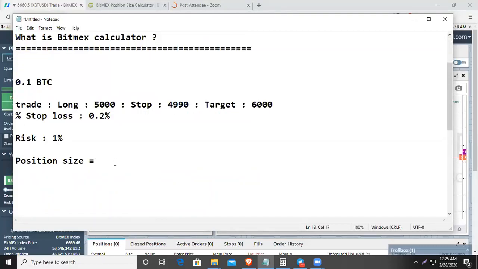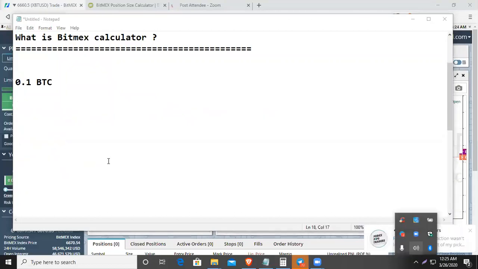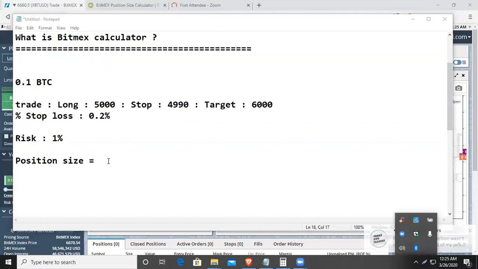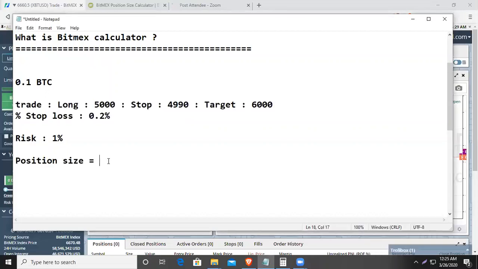So I'm going to use the position size calculator. What would be my wallet balance? That's 0.1 BTC. What is my risk? That is 1%. What is the stop loss? My stop loss is 0.2.